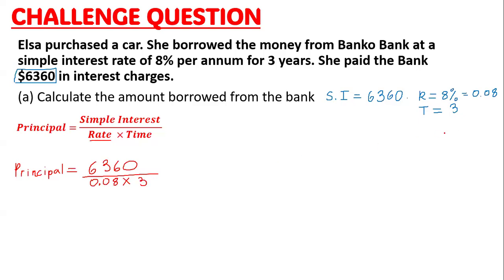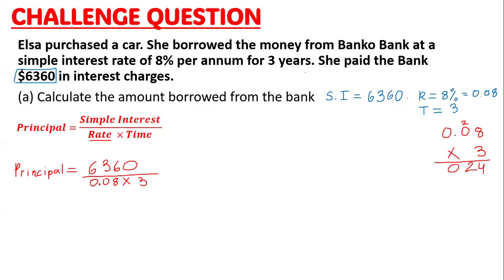And so let's go ahead and multiply it. Multiply it by 3. 3 times 8 is 24. 3 times 0 is 0, plus 2 is 2. 3 times 0 is 0.